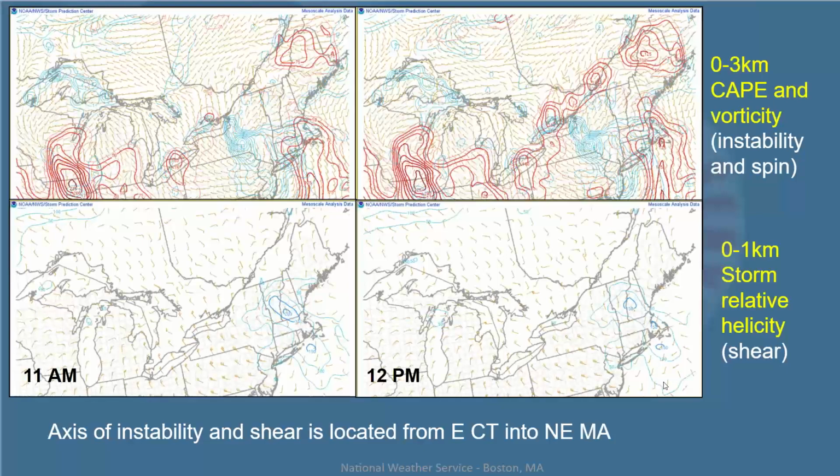Because we have instability, because we have spin in the atmosphere, and you add 50 to 100 units of storm relative helicity, you can really get something going. And notice that if you combine all the parameters, that's basically eastern Connecticut into northeast Massachusetts.